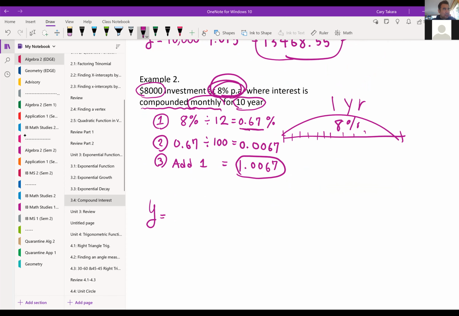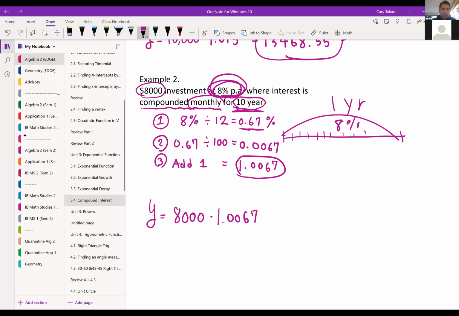So let's construct the equation. Y equals 8,000, that's the initial value, times 1.0067. Now what's going to be the exponent? The time is 10 years. Very good. Do you all see that in the chat? 120.